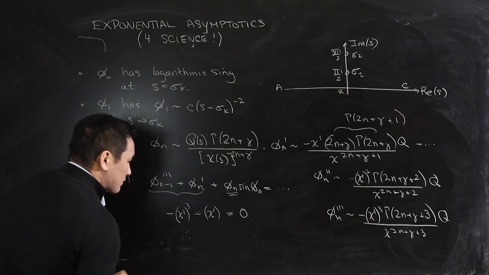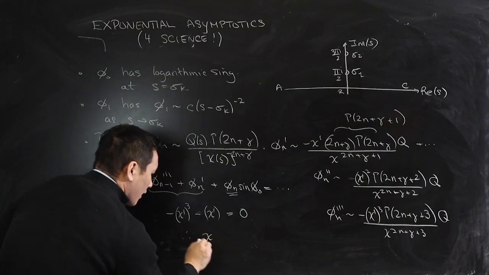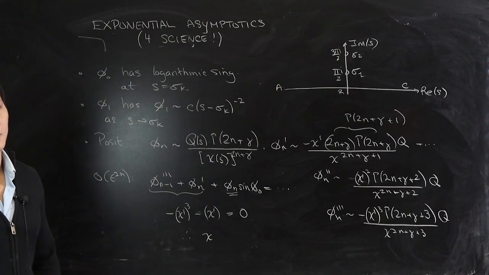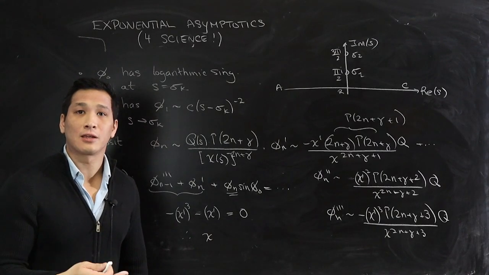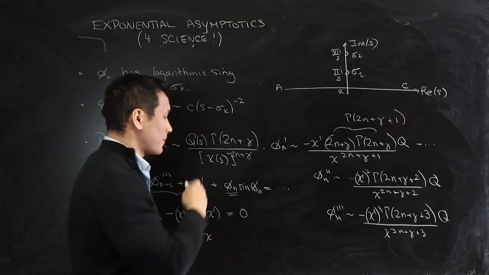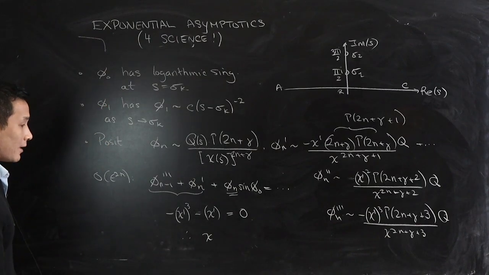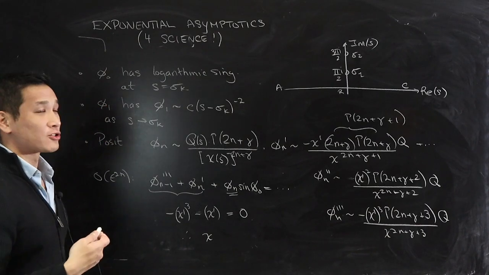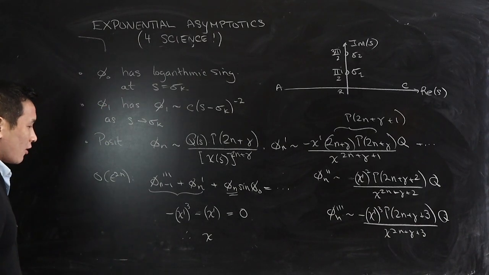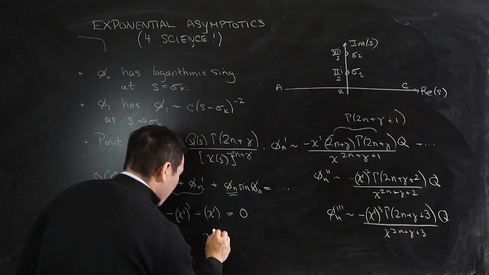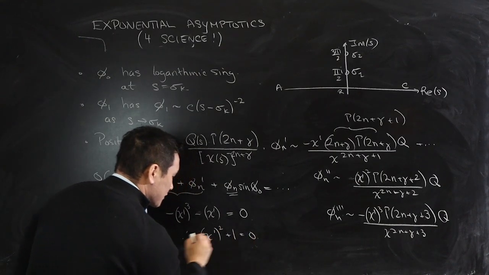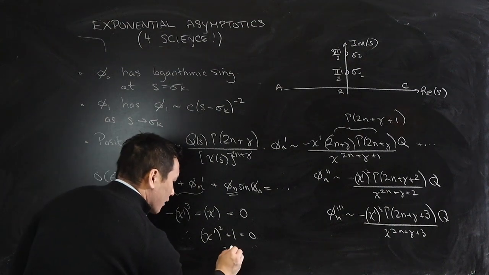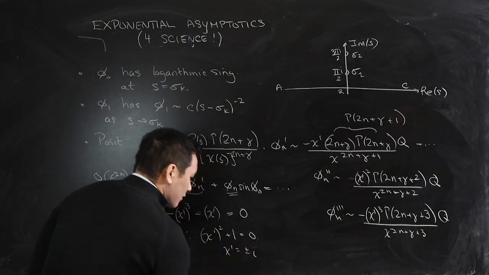So at this point, you would conclude that either chi prime is equal to a constant, which is not that helpful because you need a chi which is 0 at the points of singularity. Or it's the case that chi prime squared plus 1 is equal to 0, and hence chi prime is equal to plus or minus i.